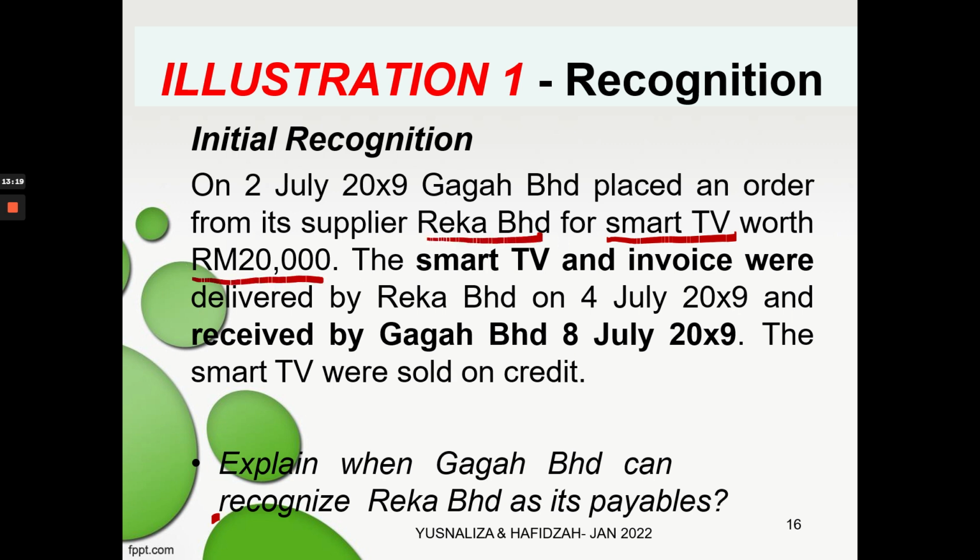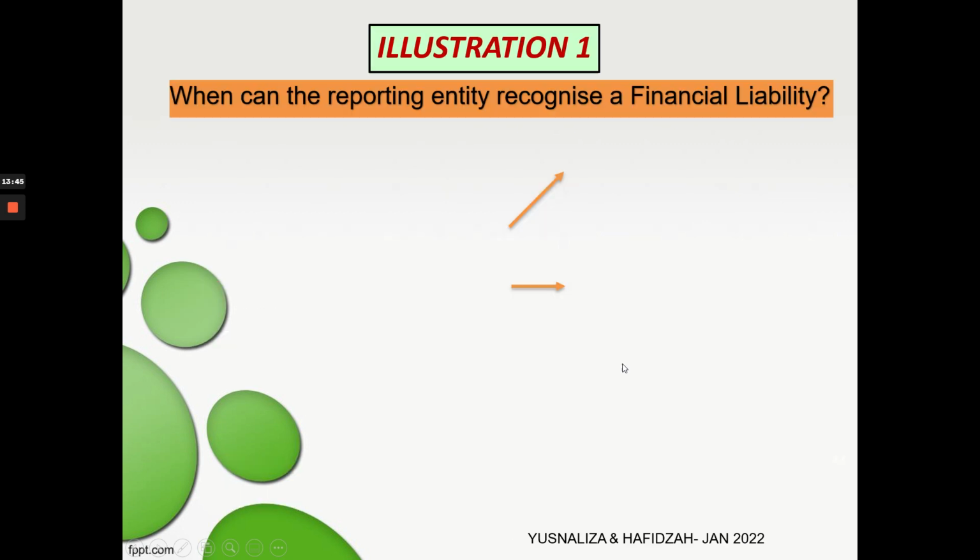The smart TV and invoice were delivered on 4th of July, and received by us, Gagah Bhd, on 8th of July. So the smart TV was sold on credit. You are asked to explain when Gagah Bhd can recognize Derecognition Bhd as its payable, or recognize it as a financial liability. It will be on 8th of July 2009.